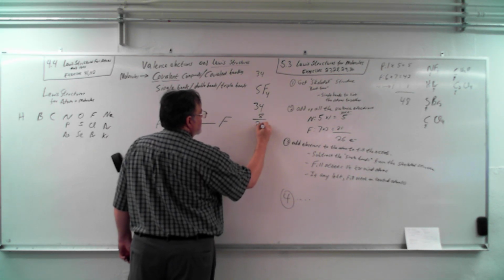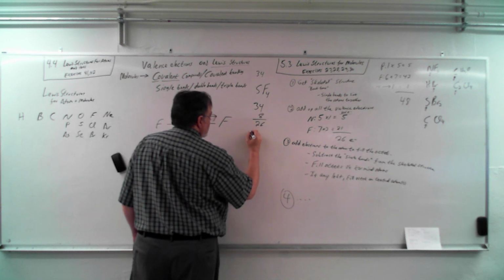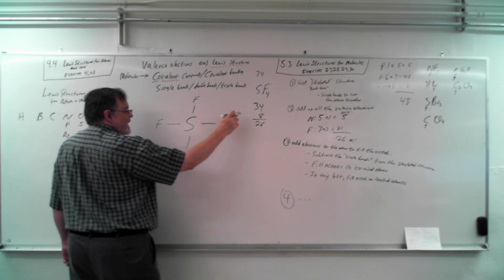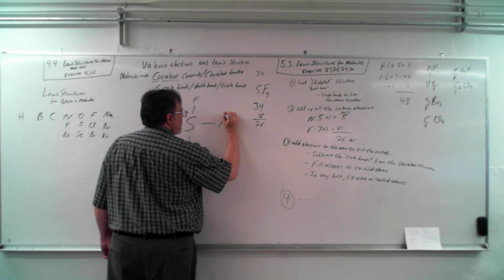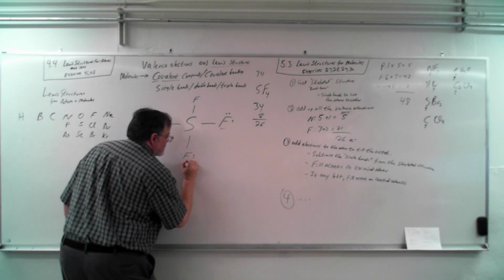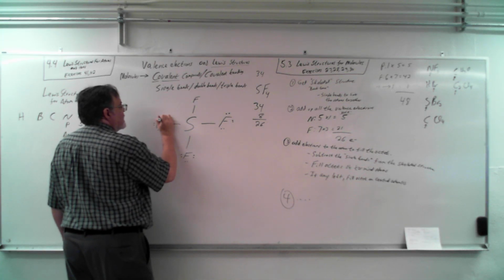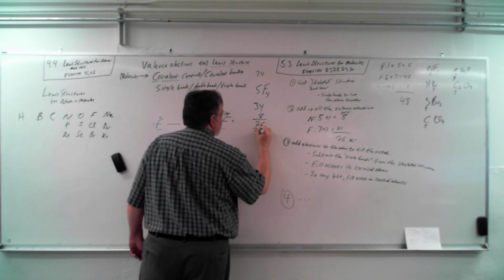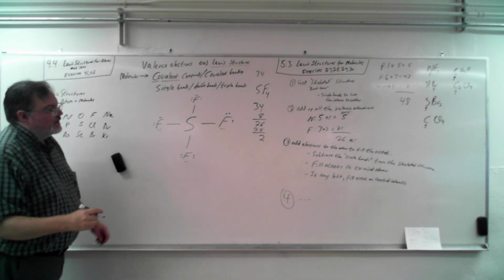34 minus 8 is 26. So I've used 2, 4, 6, 8 just to make this backbone, so I've subtracted 8. Now I've got to fill the octets on the outside. 2, 4, 6, 8, 10, 12, 14, 16, 18, 20, 22, 24. All right.